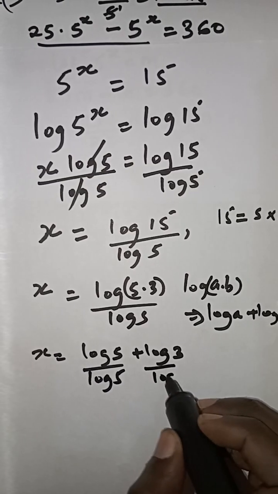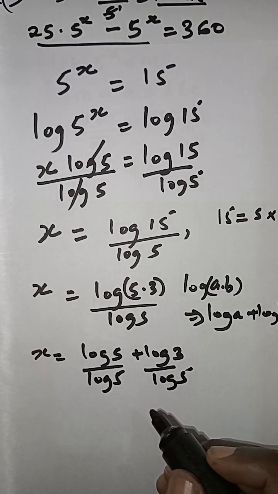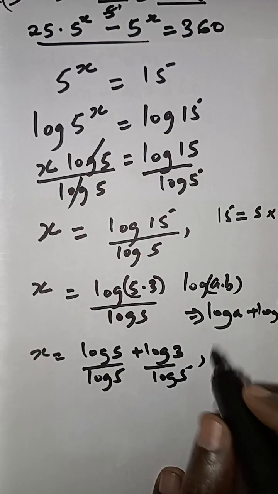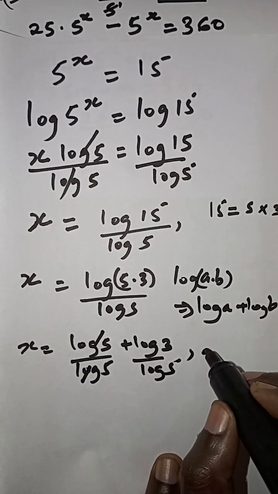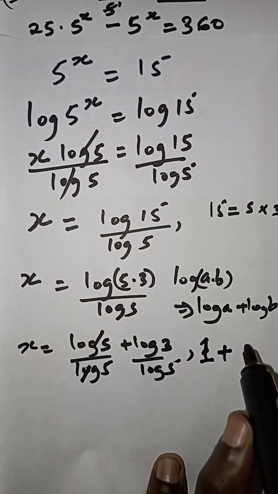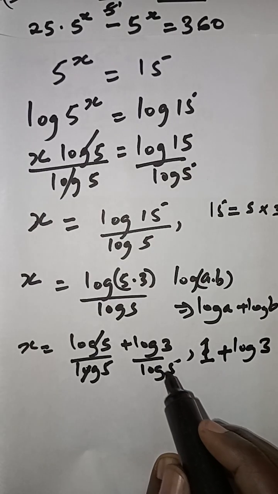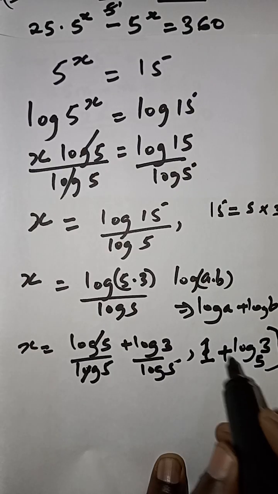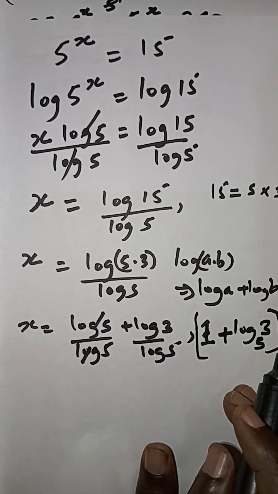So I'm going to write all under one log 5, and from this it is very easy to see that this and this cancel, and then I'm going to get 1 plus the log of 3 to the base 5 as our final solution for the value of x.